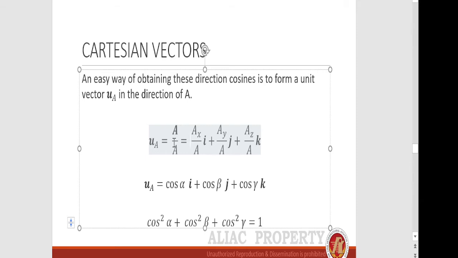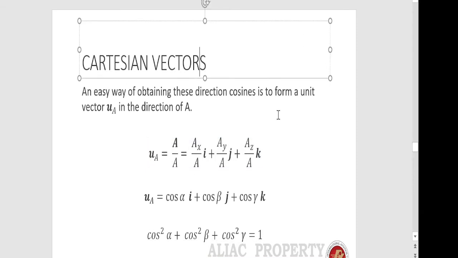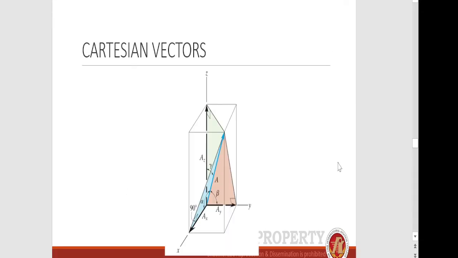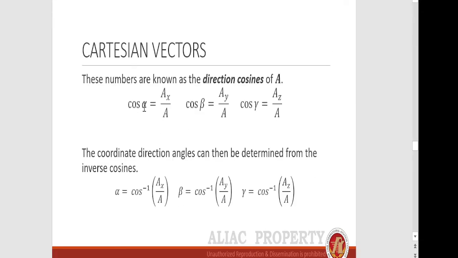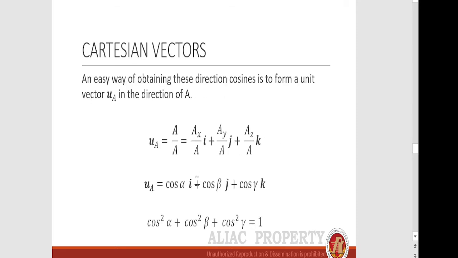Substitute Ax over A from the equation we got in the previous slide: Ax over A is cos alpha, Ay over A is cos beta, Az over A is cos gamma. So we just replace them, and it will retain the unit vectors.